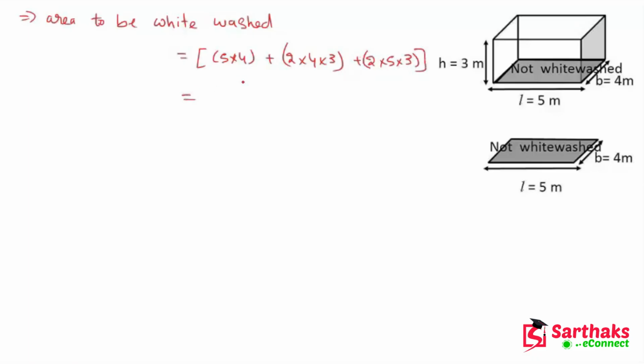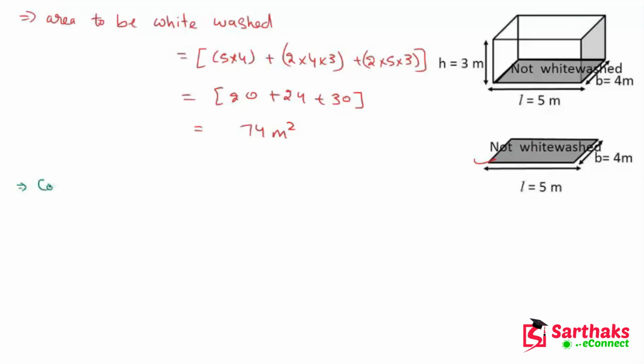So this will become 20 plus 24 plus 30. After solving this, we get 74 meter square. So the total area is 74 meter square. What we have done is, from the area of the cuboid, we are subtracting the area of this base, which is in the form of a rectangle.